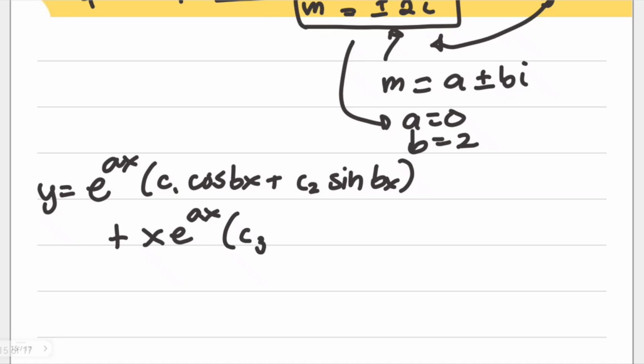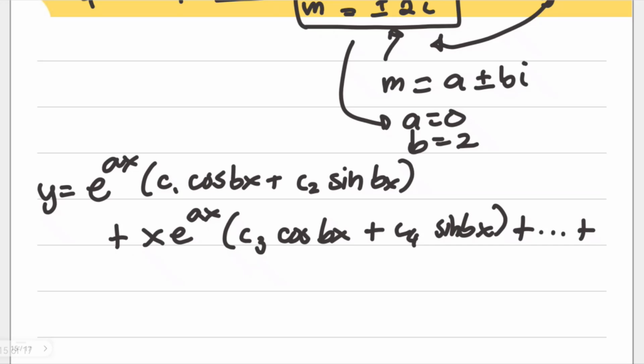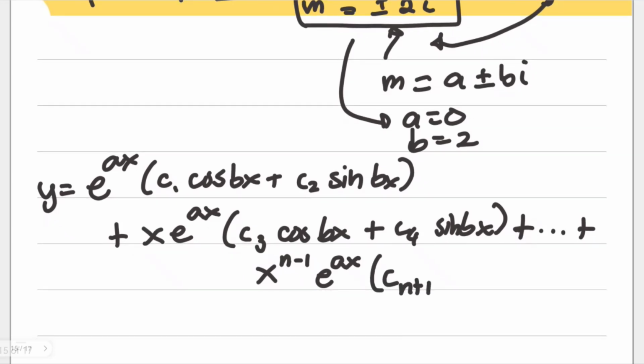So you have c sub 3 now, because you used c sub 1 and c sub 2, cosine bx plus c sub 4 sine bx, plus so on until you reach x to the power of n minus 1, where n is the number of times the imaginary roots were repeated, times e to the power of ax, times c sub 2n minus 1 cosine bx plus c sub 2n sine bx. Since we have multiplicity of 2, we'll just end up until here for our roots.